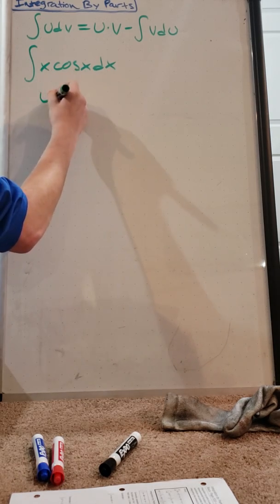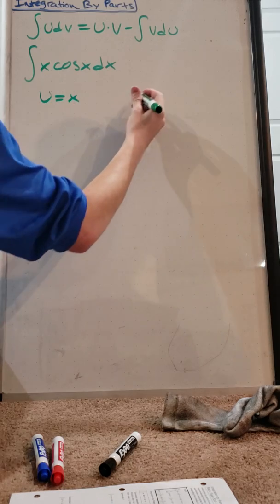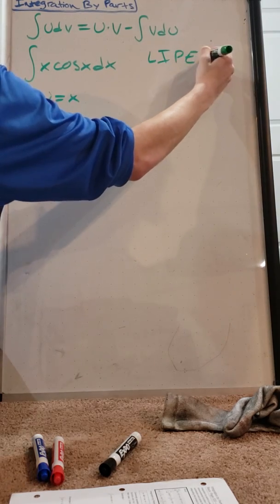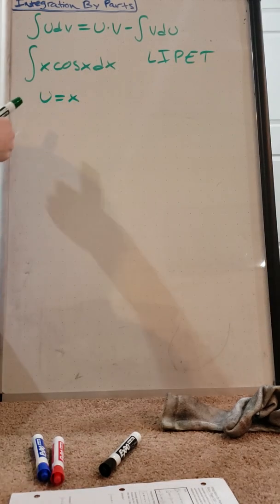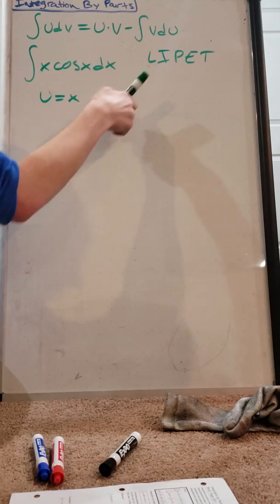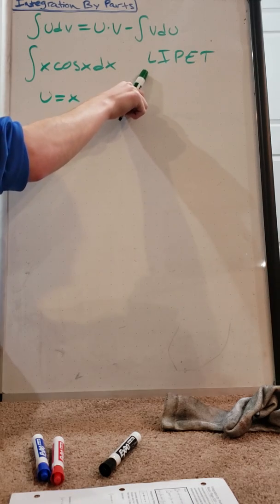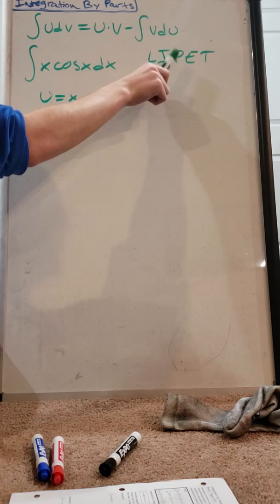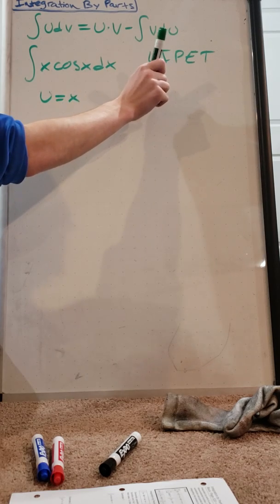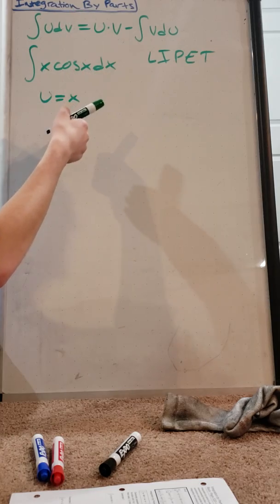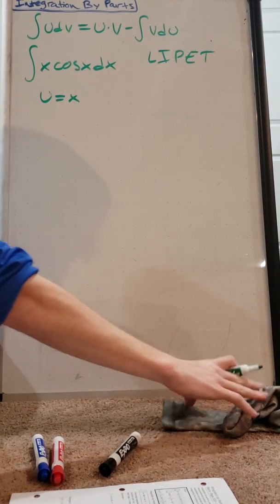In this case u would be equal to x, because you're going to want to use the acronym LIPIT to find what u should be. If you have a logarithm, u should be the log, then inverse trig, then a polynomial, then an exponential like e to the x, and then a trig function.